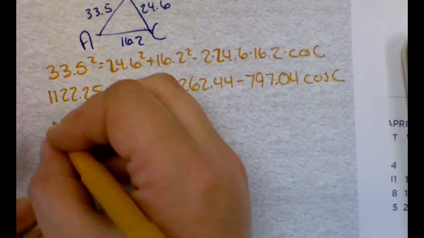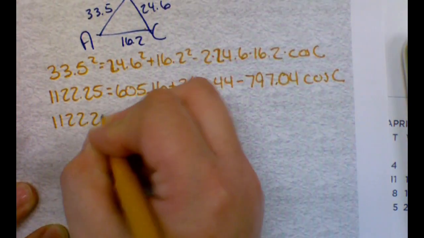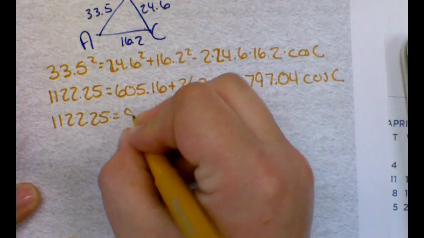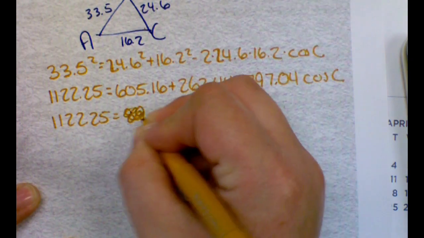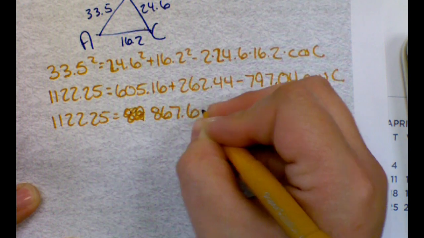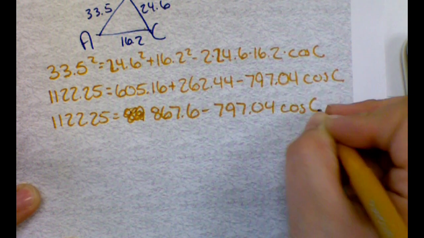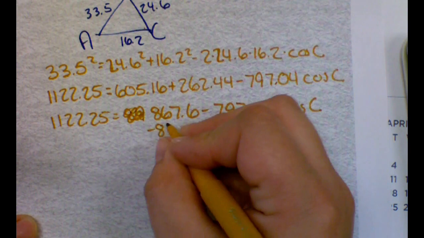Okay, now remember I can add these two numbers together, giving me 867.6 minus 797.04 cosine of C. I'm going to subtract that 867 over.